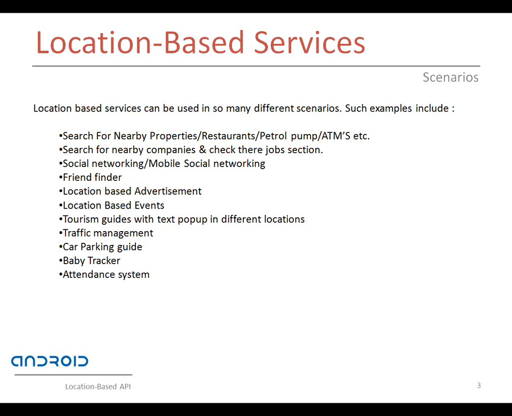Next example is social networking, public mobile social networking. Nowadays, Foursquare and Facebook check-ins are very popular. Facebook integrated this LBS feature around 1.5 years ago, and after that their popularity increased to a great extent.